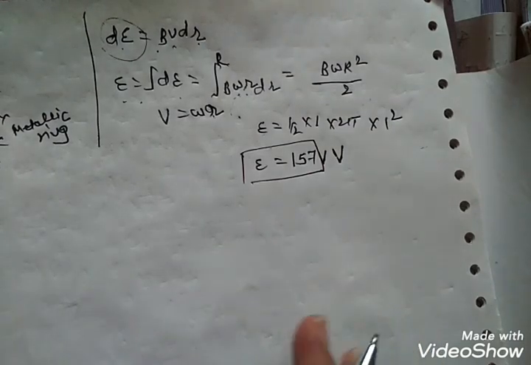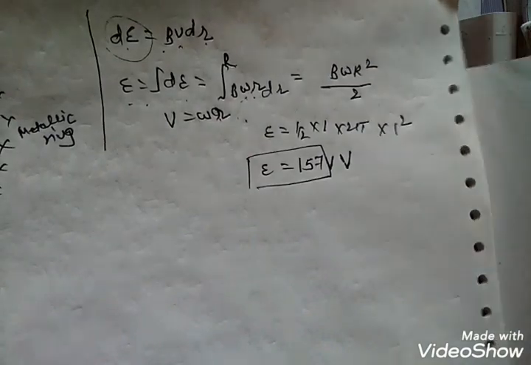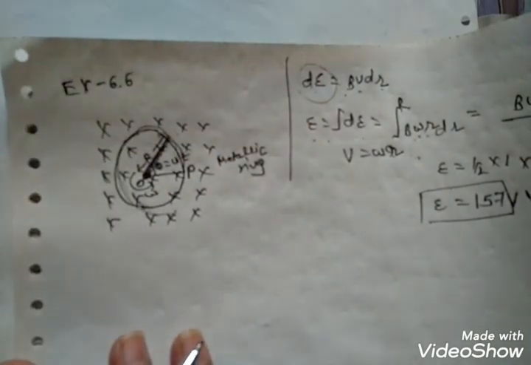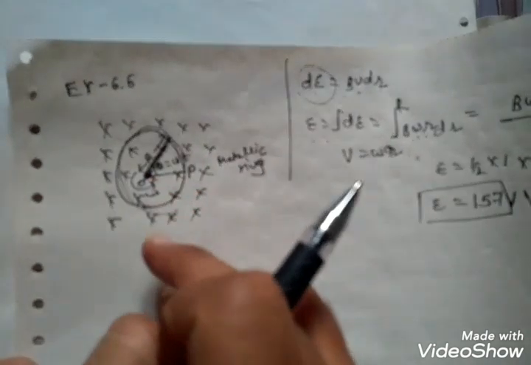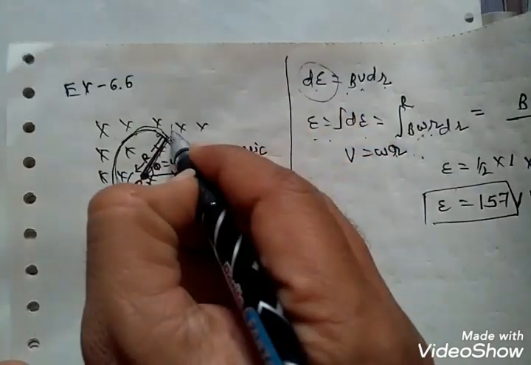Now, in the second method, to calculate the EMF, we can imagine a closed loop OPQ.